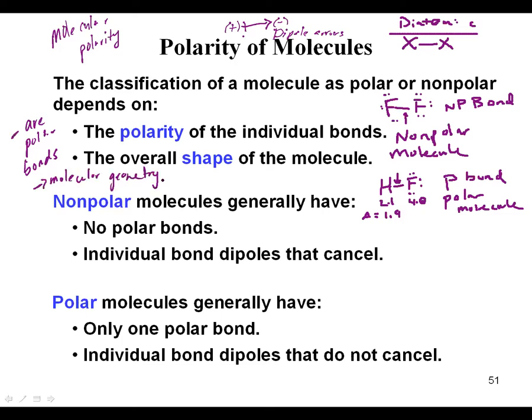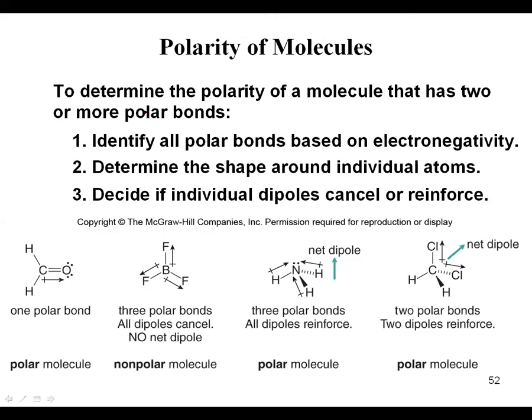So you have to look at both the polar bonds, whether they are present, and the molecular geometry, for things that have 3 or more atoms. So let's take a look at that when we do have 3 or more atoms.